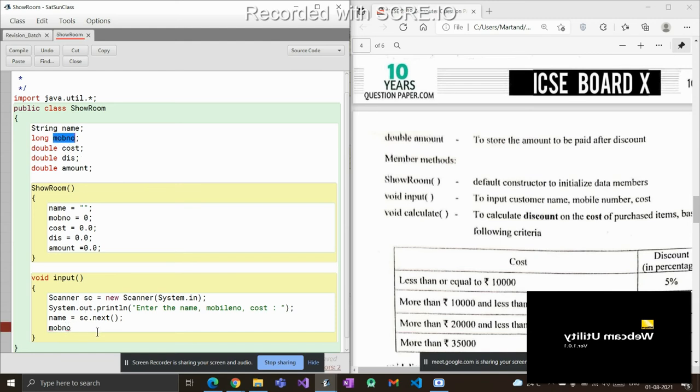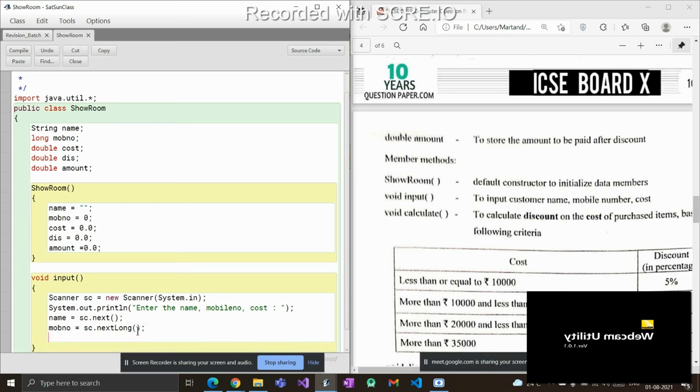There's nothing else you're using. So mobno was used. So mobno equal to. Now over here you have to remember that since the data type of mobno is long, you will not go and write sc.nextInt. You have to write sc.nextLong. If you don't write this, marks will be deducted. Okay, because the data type of your mobno is long, you have to write nextLong over there.